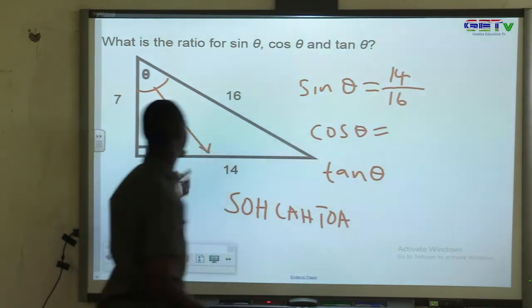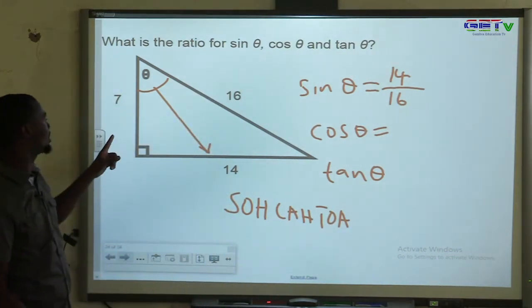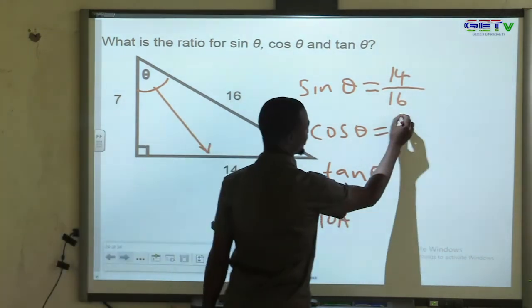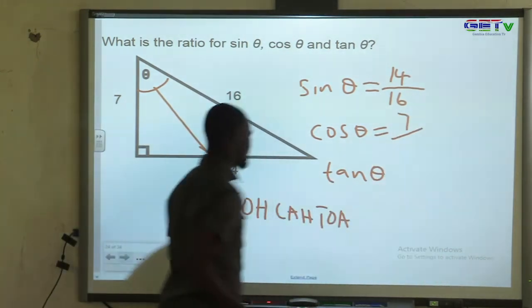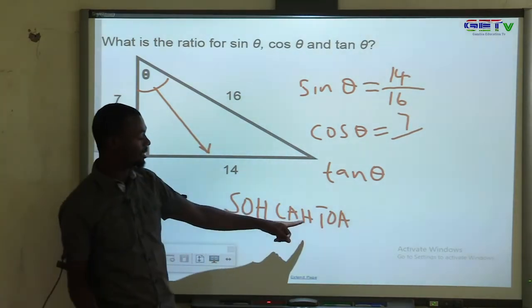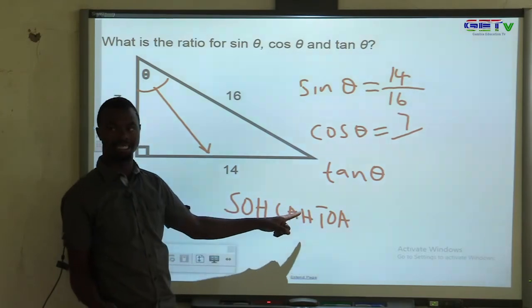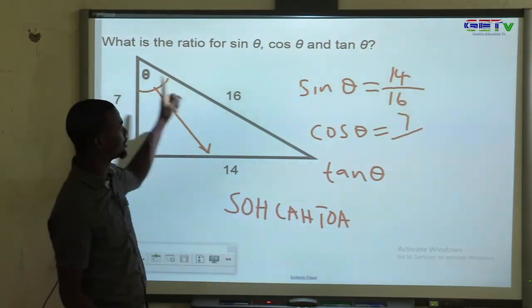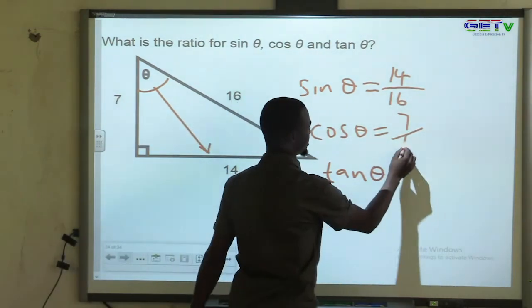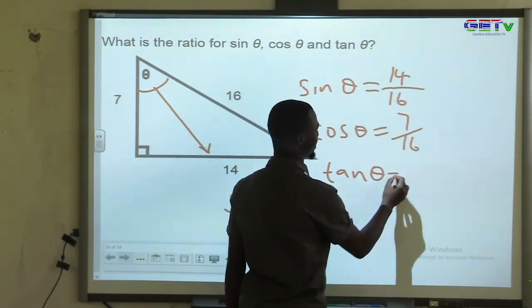What is the adjacent on the right angle triangle? The adjacent is 7. So we have our adjacent 7 all over the hypotenuse. What is the hypotenuse? It is the longest side of the right angle triangle. That one is 16.